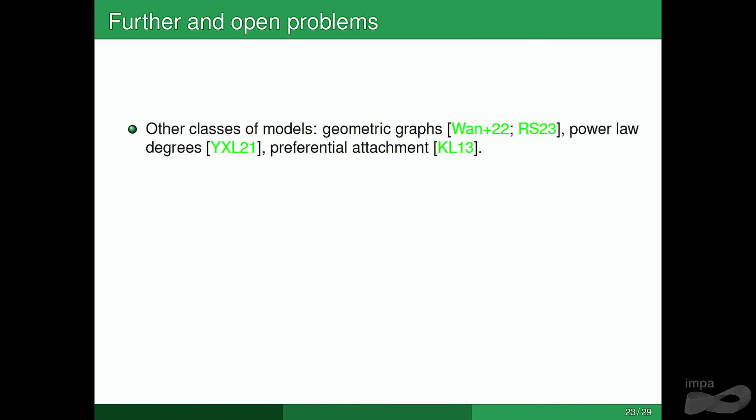And just to conclude, some additional ideas and open problems in the area. Here I mostly focused on ER models or independent edge models, but you can think of these ideas using different random graph models, for example, geometric graphs, preferential attachment, or graphs with power law degrees.